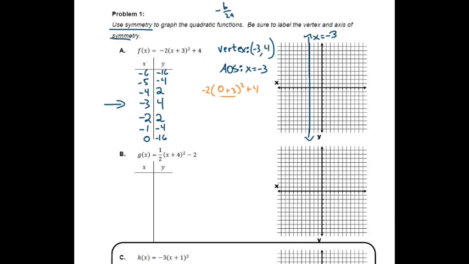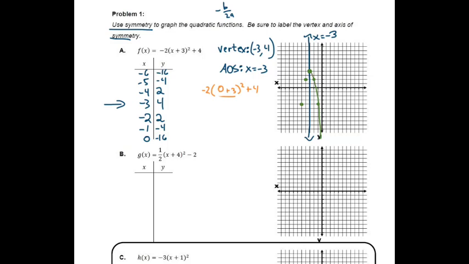We got the point -3, 4. Then -2, 2, so I'll go there, and I'll go there. And 1, -4, right there, and right there. And that gives me this.